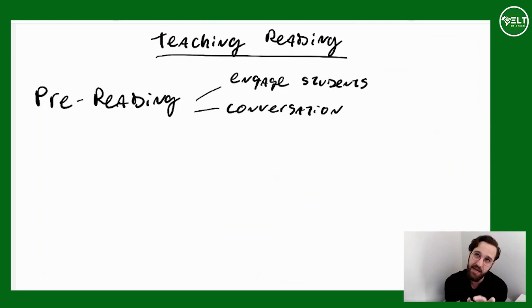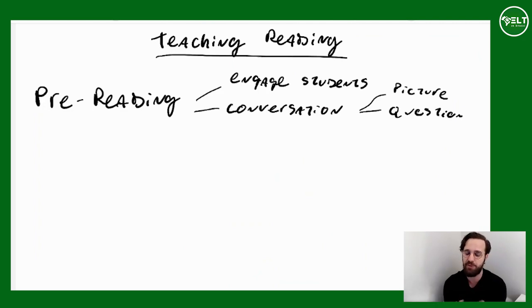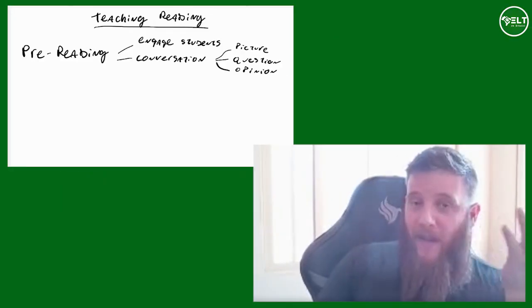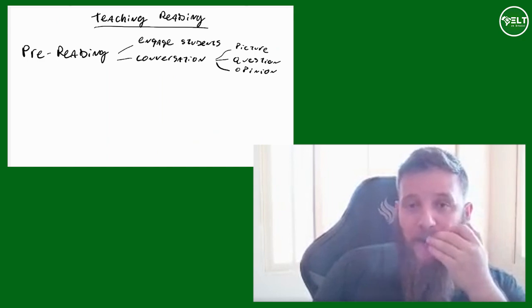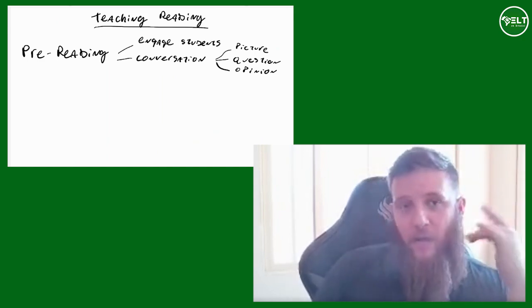So when I say engage, I actually mean that the student's supposed to give opinions about that topic. So a good pre-reading task will involve opinions, feelings. And you can do so by, as you mentioned, asking a question, or showing a picture and asking a question.